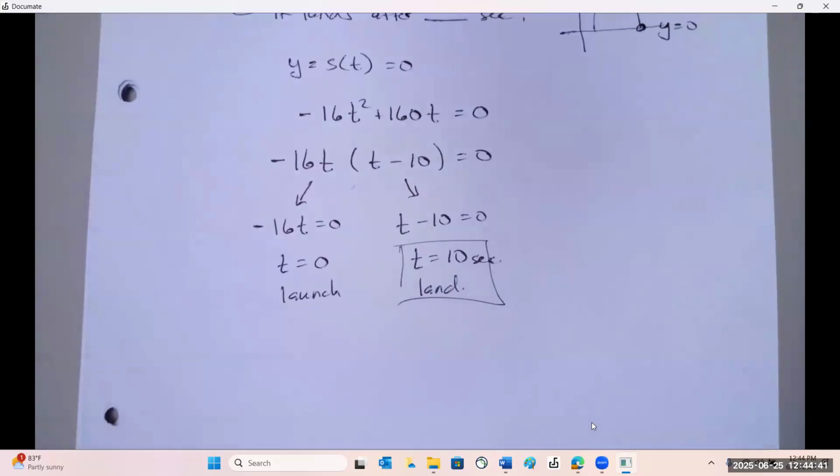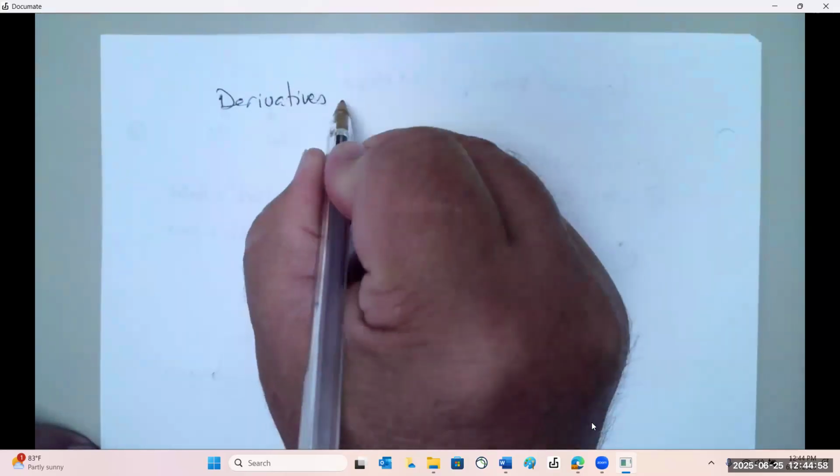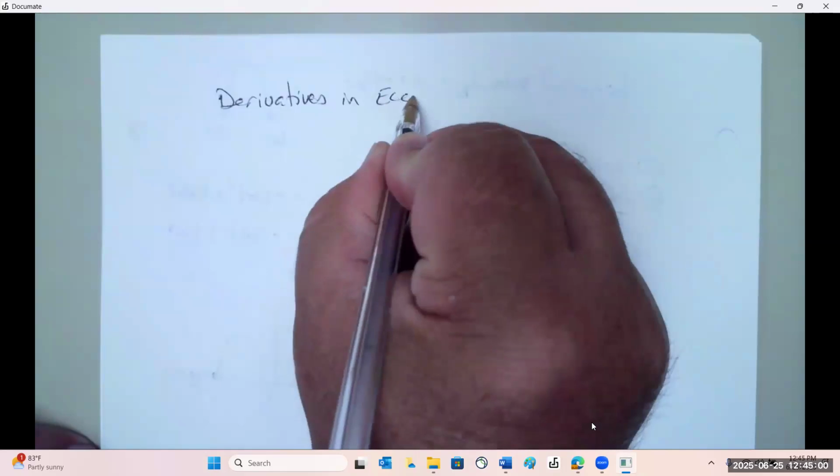All right, so that's physics. That's motion. That's things moving in some direction. What about when it comes to economics? The basic law of economics is profit.